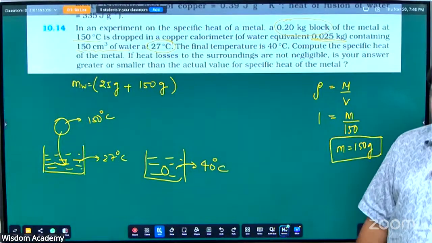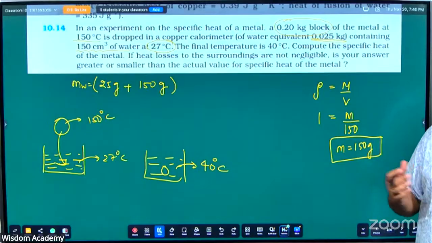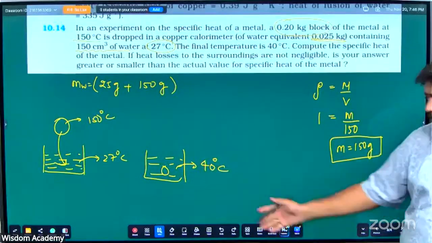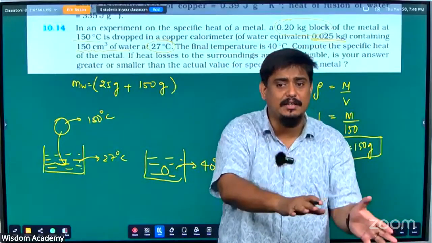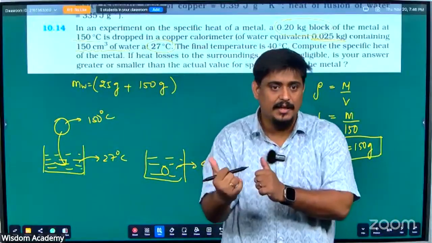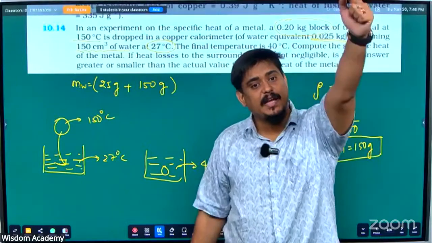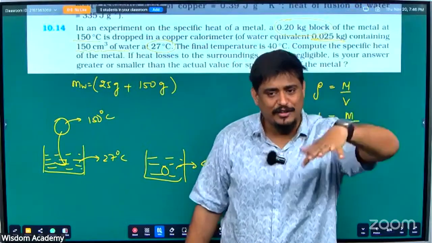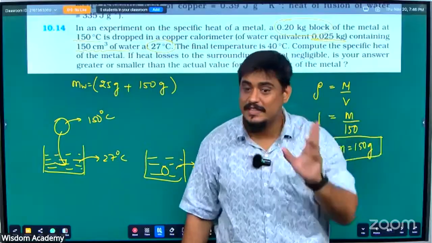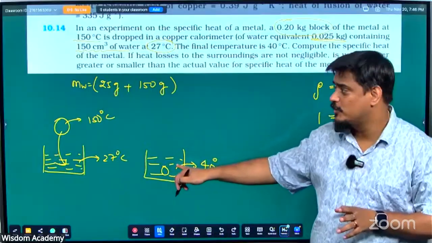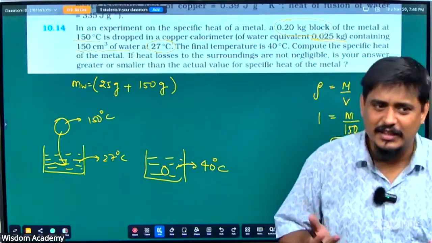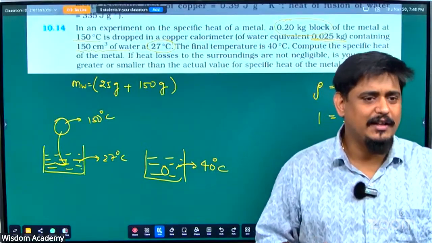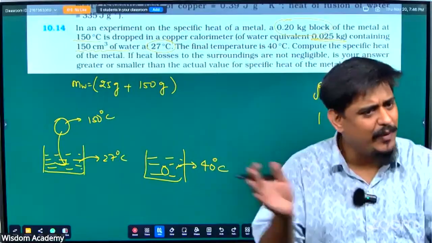Metal is losing, calorimeter and water are gaining. So water from 27 degree went to 40 degree. Metal at 150 degree came to 40 degree. Here there is no problem, because we want to find heat lost, heat gained, and equate both.